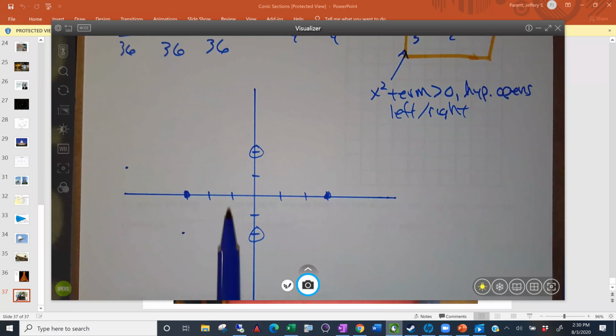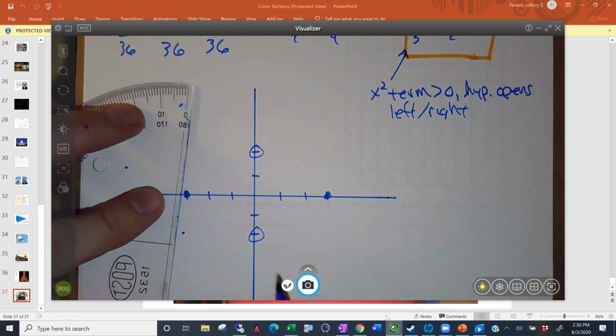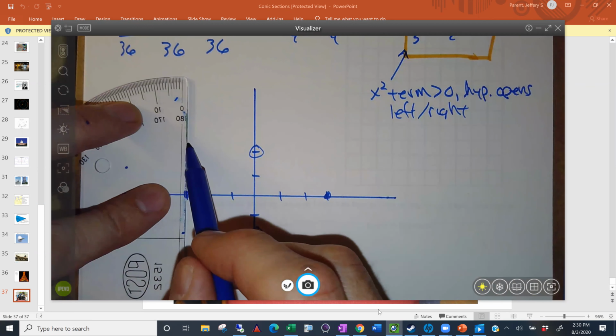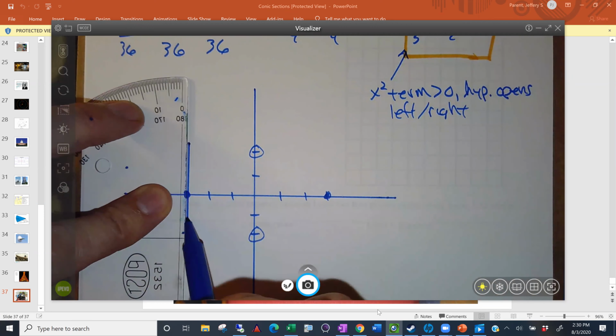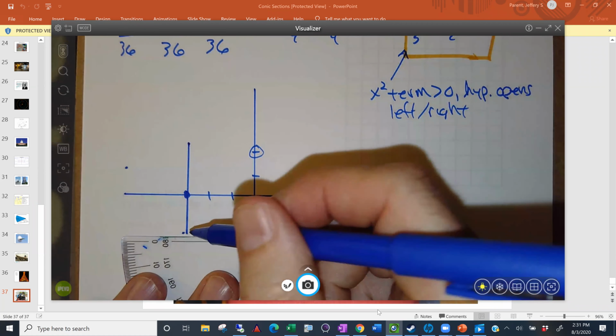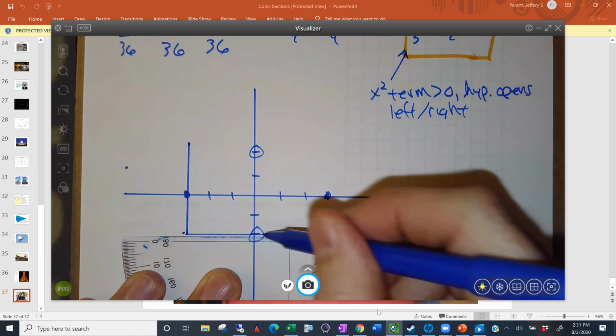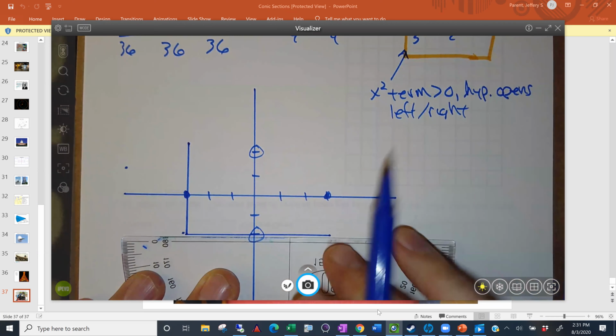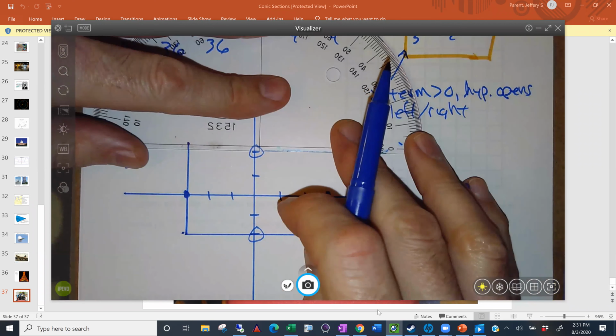Now, let's play connect the dots. We're going to draw a box that goes through these points. So these 4 points are going to help us draw this rectangle. We're going to get a lot out of that rectangle.